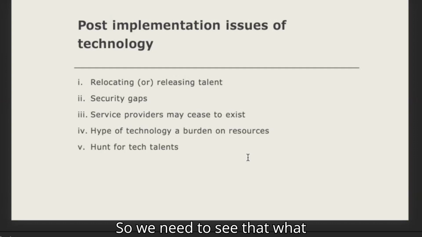So we need to see what kind of service providers we are going into. Hype of technology, a burden on resources.